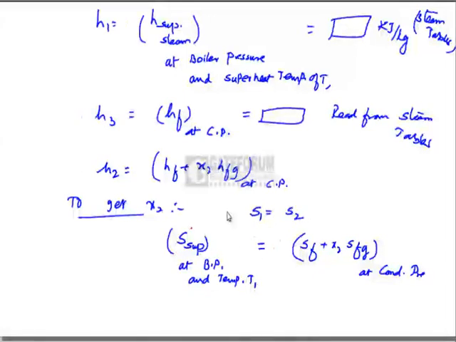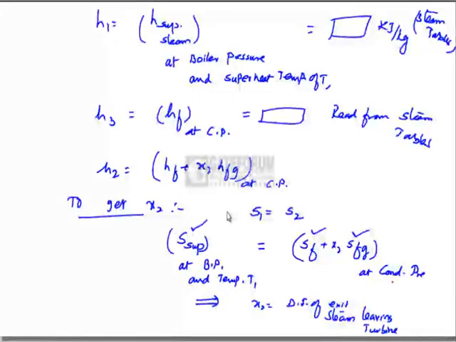In this equation, S1 could be read from the table. SF at condenser pressure could be taken from the saturated water or saturated steam properties. SFG is also read in the saturated steam tables. The only unknown is the dryness fraction of exit steam leaving the turbine. That could be easily calculated from this equation.